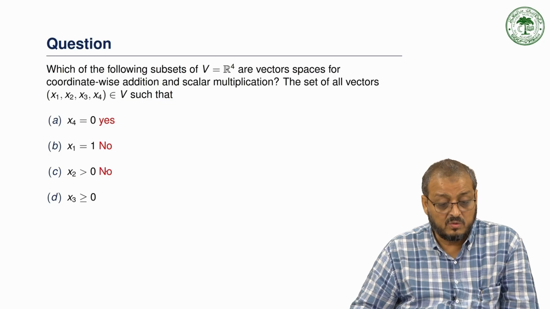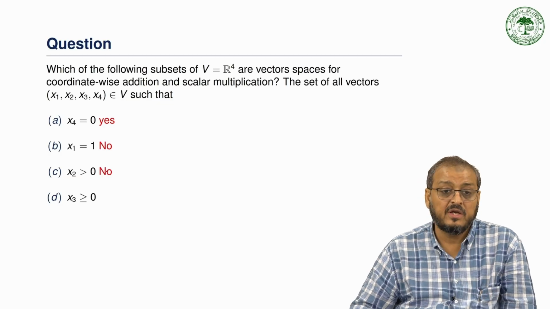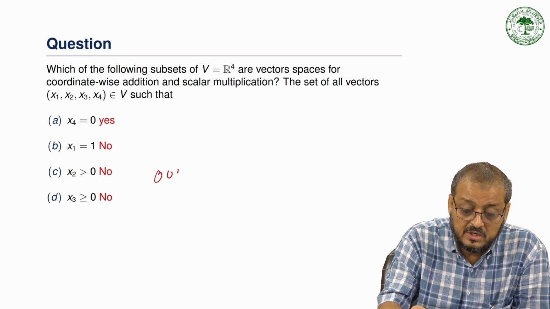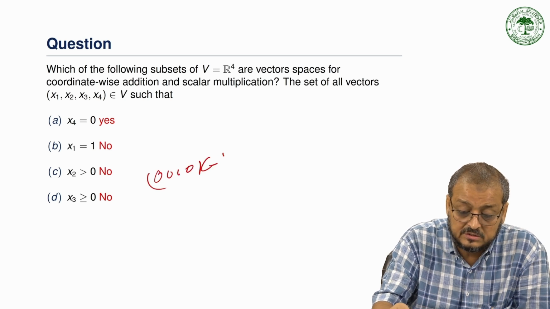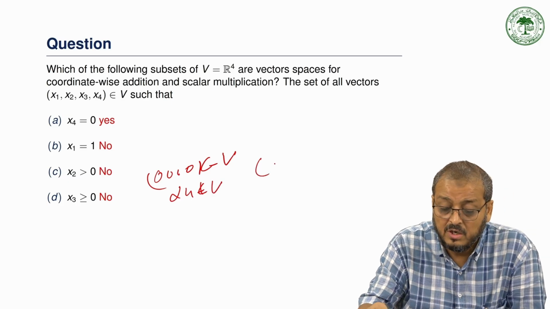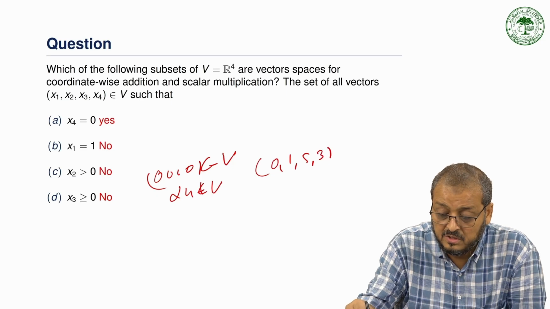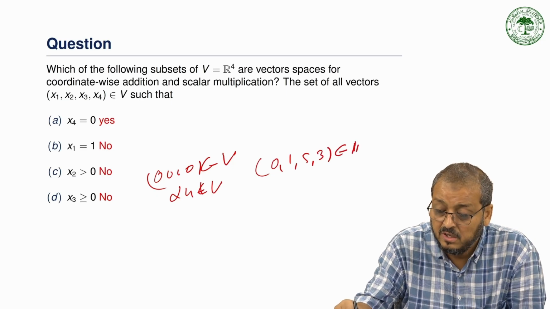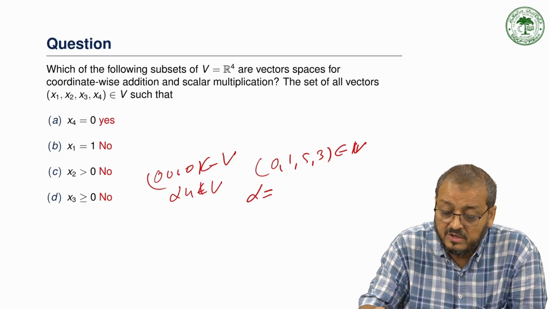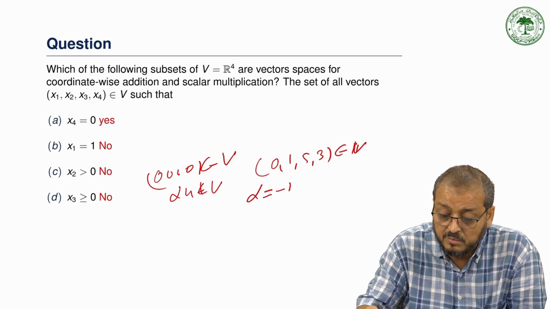For x3 greater than or equal to 0, the answer is again no. Why? Because 0, 0, 0, 0 clearly belongs to this set V, but alpha u does not belong to V. For example, take 0, 1, 5, 3, which clearly belongs to the set, since x3 is greater than or equal to 0. Now suppose I take alpha equal to -1.